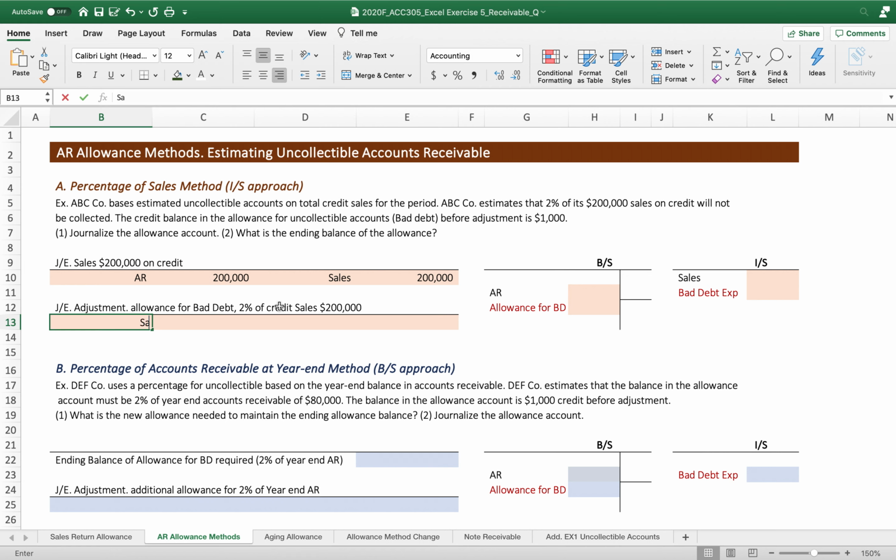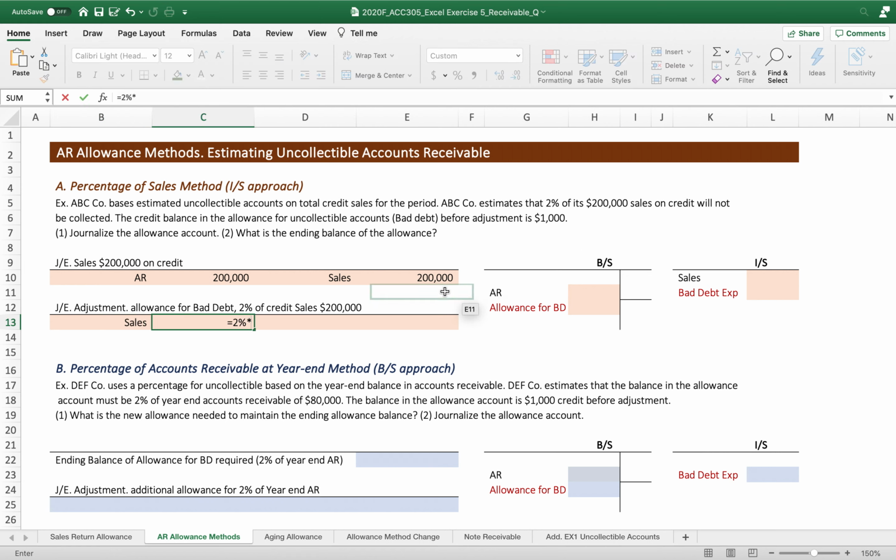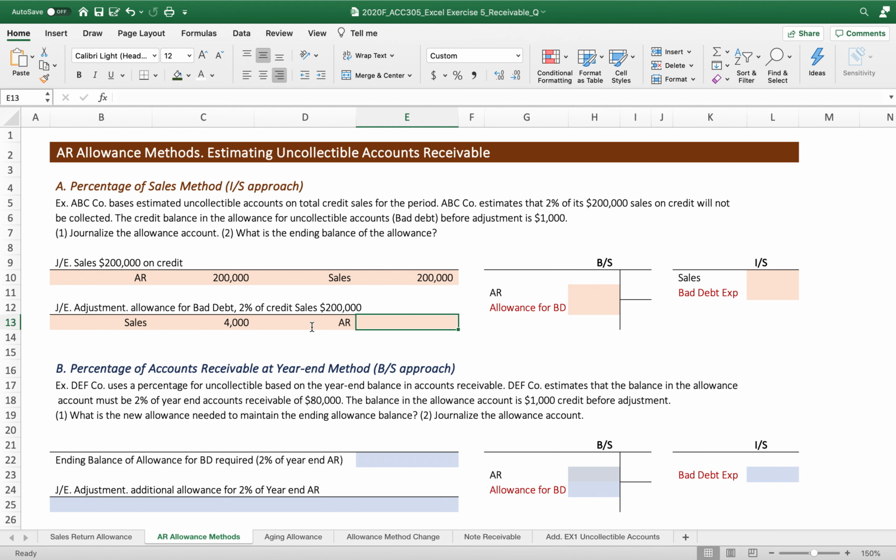Now, why don't we just take 2% times 200,000 so that we can reduce the sales? No, we cannot. Or reduce accounts receivable by 2%, because 2% is not going to be collected?